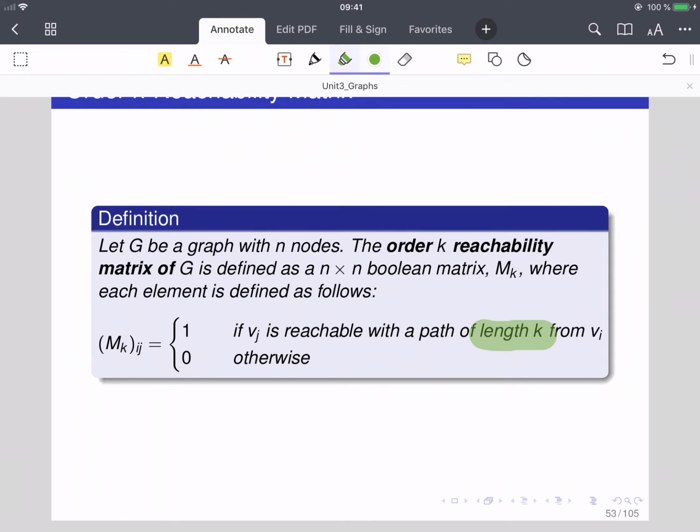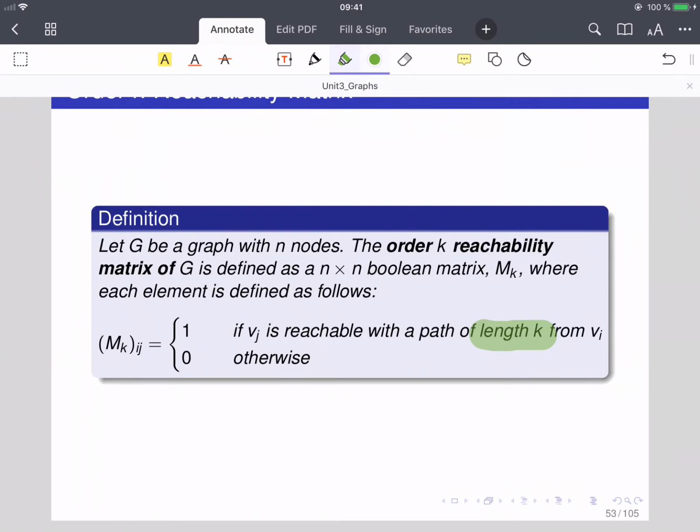So we define an n times n Boolean matrix, again, in which we have ones in the positions ij where j is reachable from i with a path of length k. It's similar to the reachability matrix, but now the paths connecting the vertices cannot be of any possible length, but only of length k.